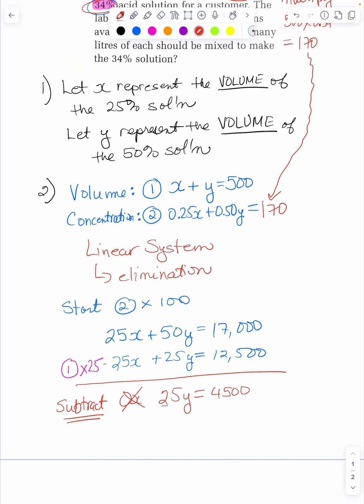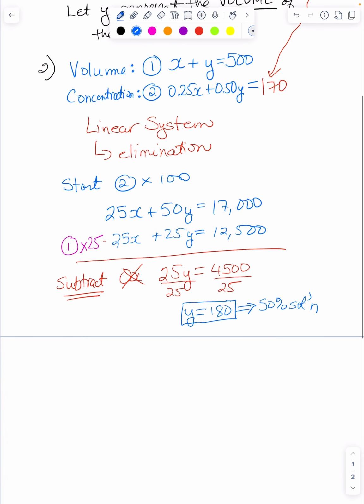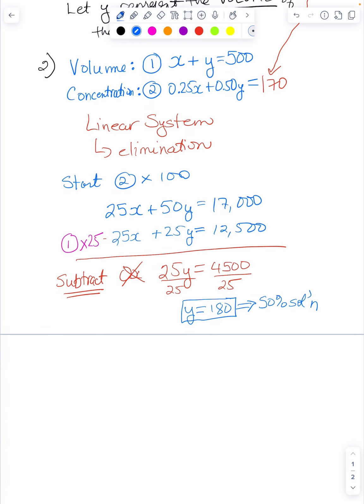I'm going to divide both sides by 25, and that gives me an answer of y equals 180. When you go back up to the question, this 180 is y, which is the 50% solution.